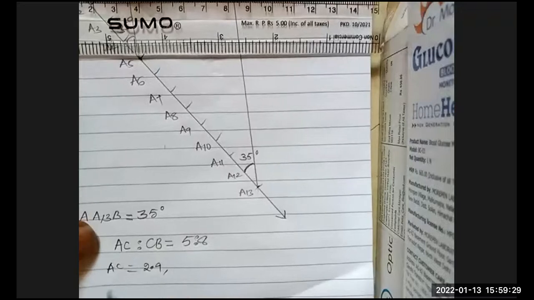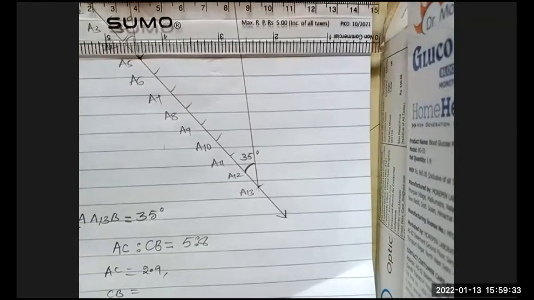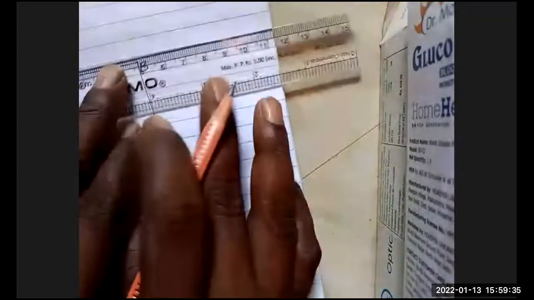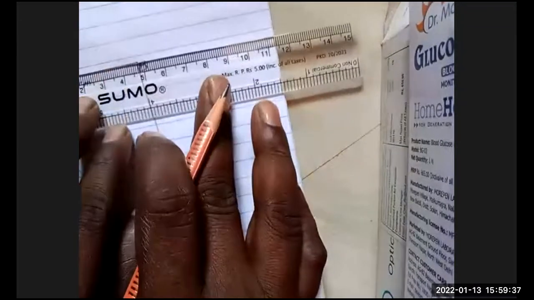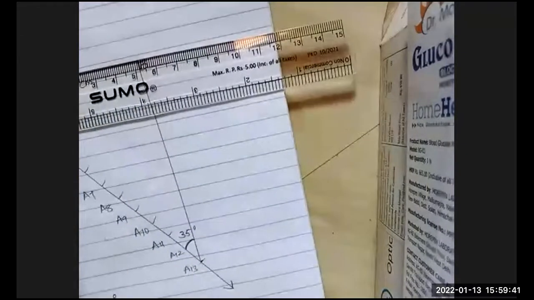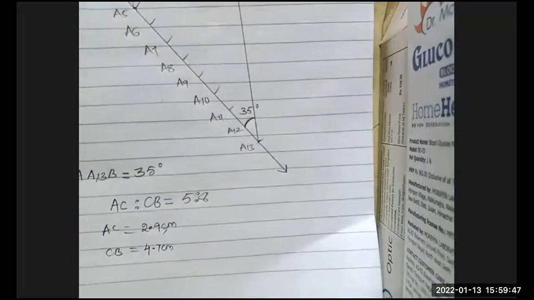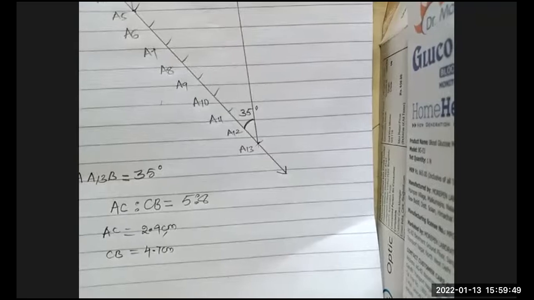And obviously C to B should be 7.6 minus 2.9, which is 4.7. It is 4.7 what? Centimeters. So here I have written all that information. 2.9 and 4.7, 7.6 centimeters altogether A to B.